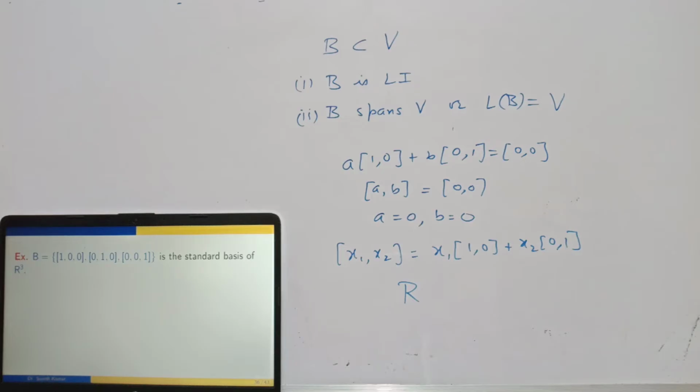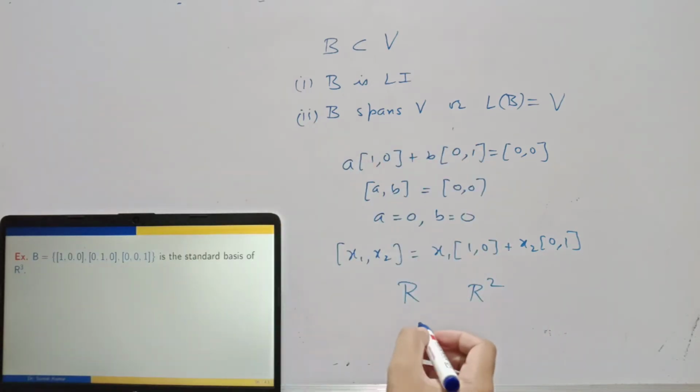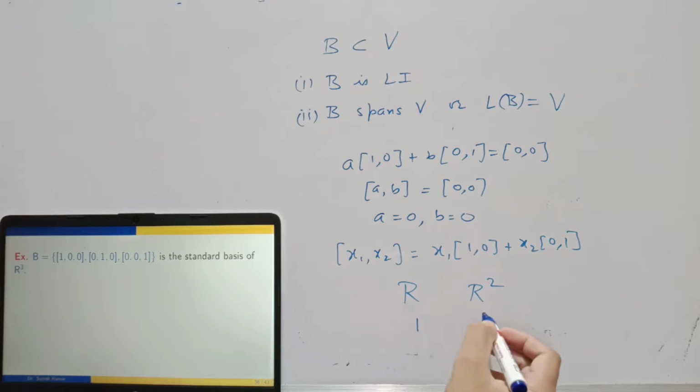The set of real numbers is a vector space under usual addition and scalar multiplication operations. For R2, the standard basis is (1, 0), (0, 1). For R, 1 only. For R3, (1, 0, 0), (0, 1, 0), (0, 0, 1). Likewise, you can think standard basis for R4, R5, etc.